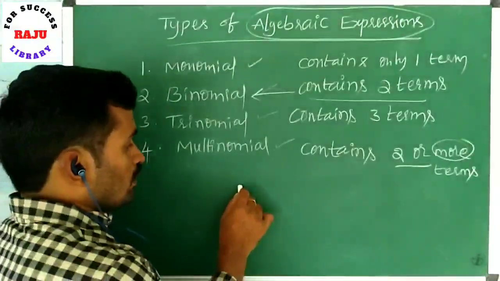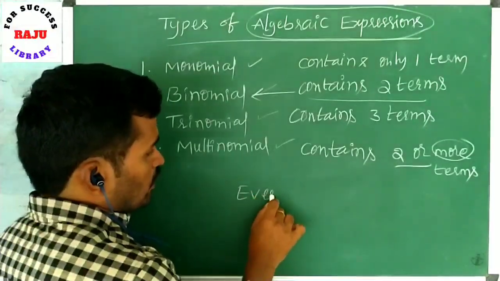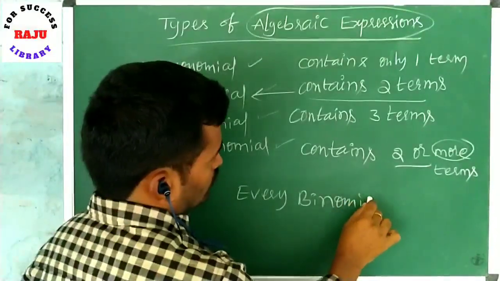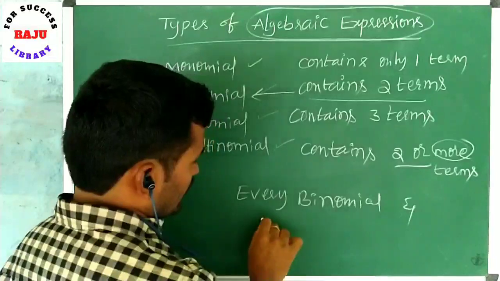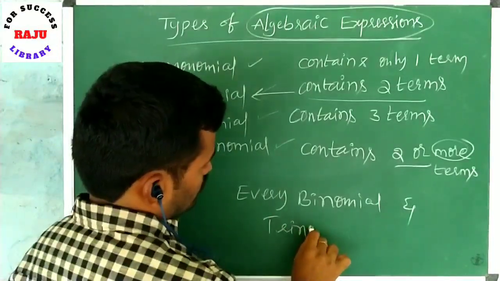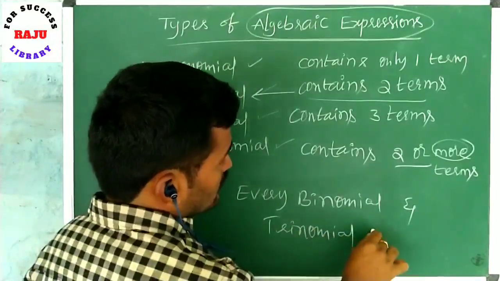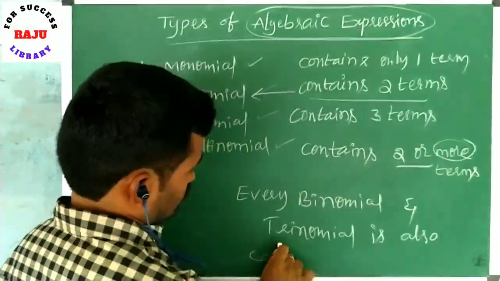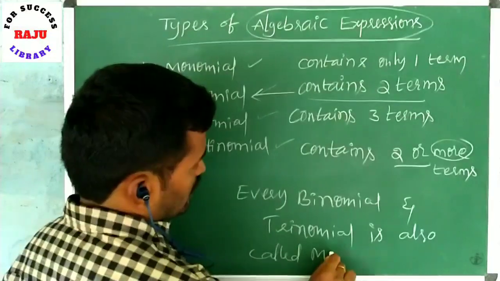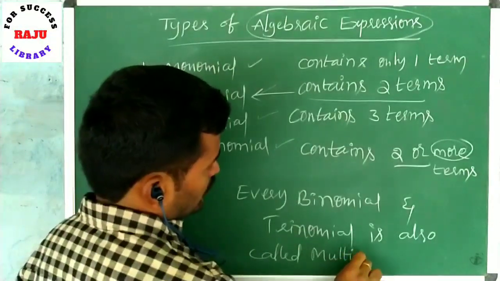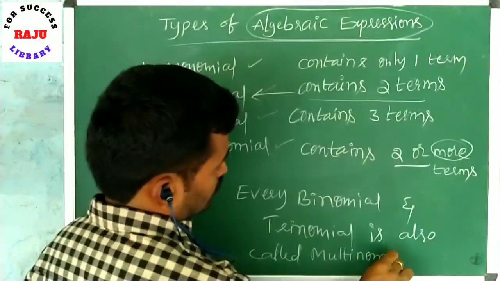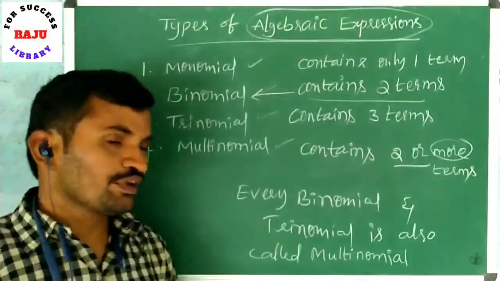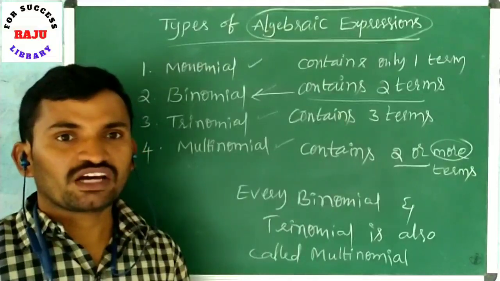Here, every binomial and trinomial is also called a multinomial. This is important. Why?